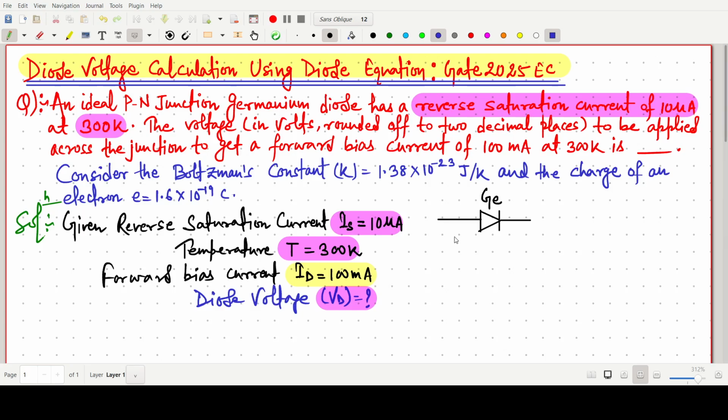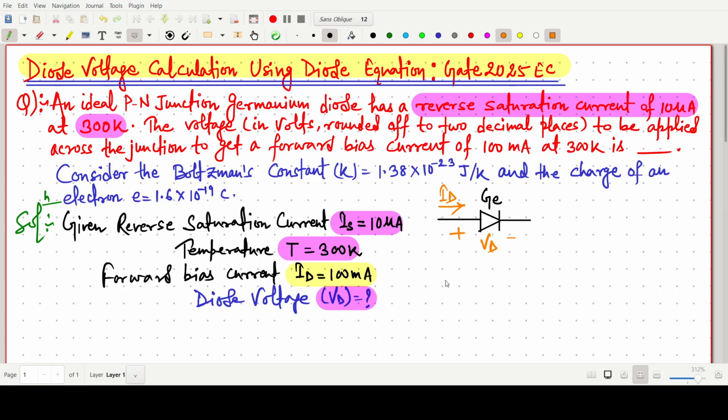So here the thing is that this voltage we have to find, voltage across Vd, diode Vd, and the current is flowing, Id is given.